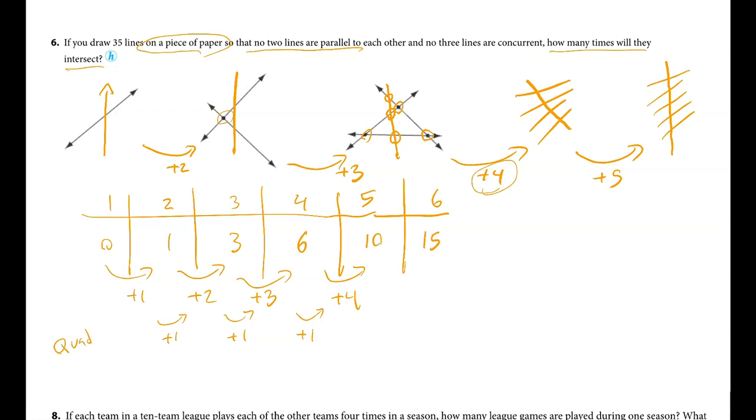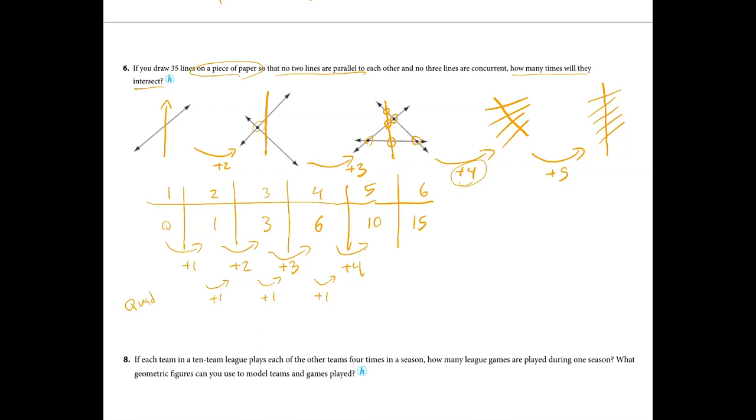But again, we can think about this by saying, okay, so how many lines do I have? I've got 1, 2, 3, 4, 5, 6 lines, right? So each of those 6 lines can hit how many others? They're not parallel, so it has to hit 5. So for all 6 lines, it will intersect the other 5.